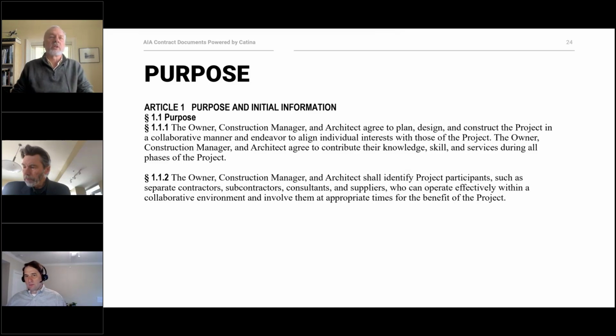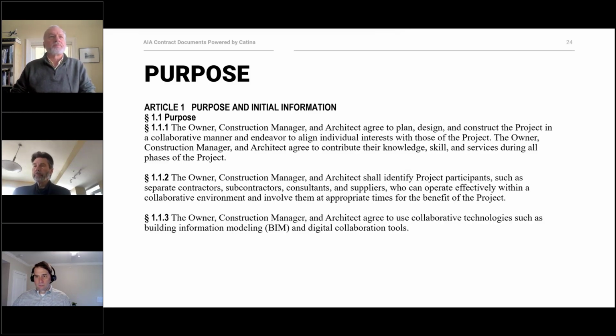I have a major project going on in the state of Washington, which has what they call the GCCM delivery system, which is CM at risk, CMC. We still have to bid things out. The GMP comes at 90%, complete CDs, et cetera. But again, the idea is that we're all, again, in this together, identifying all these aspects as one.